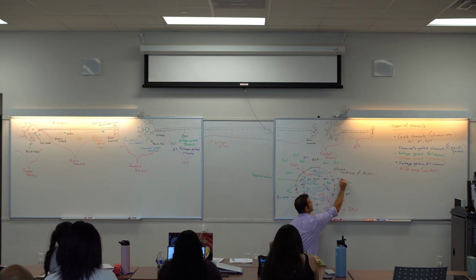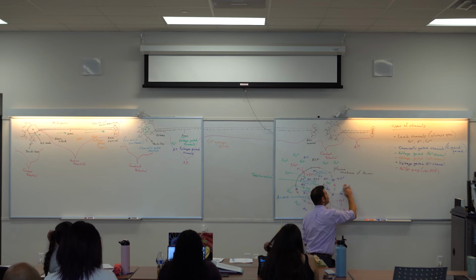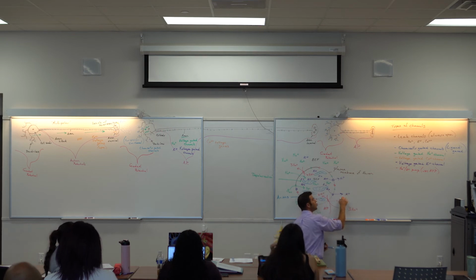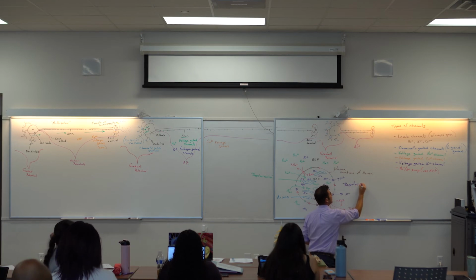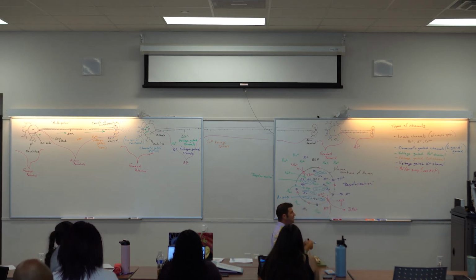And as the cell is purging itself of these positive charges, it's leaving behind cytoplasm with these negatively charged proteins. So the cell getting rid of these potassium ions is what we call repolarization.